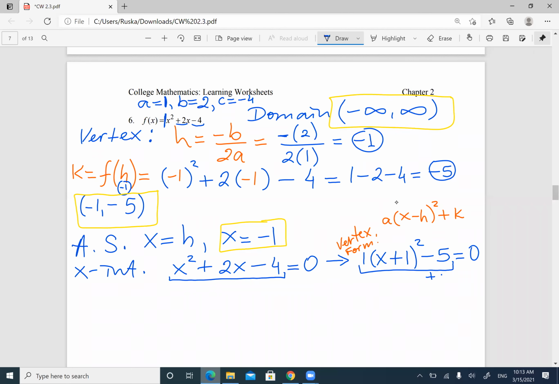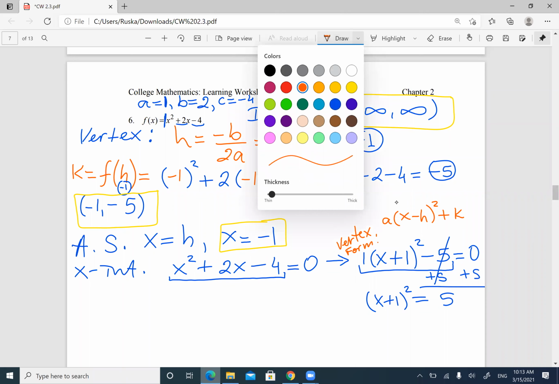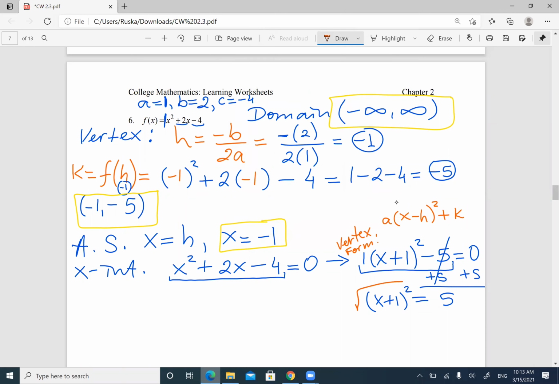So I'm going to add 5 on both sides. And you're going to get (x plus 1) squared equals 5. This cancels, right? And then I'm going to take the square root on both sides. And don't forget the plus or minus in front.